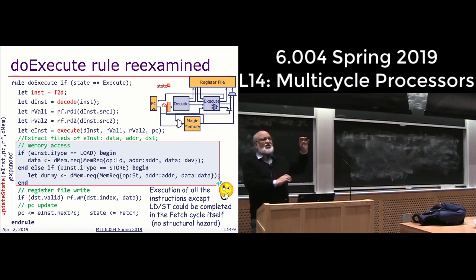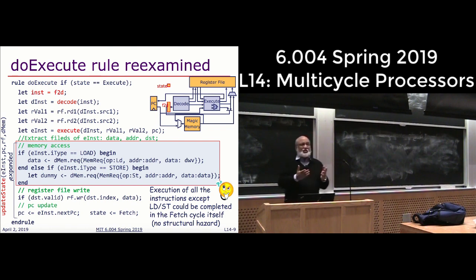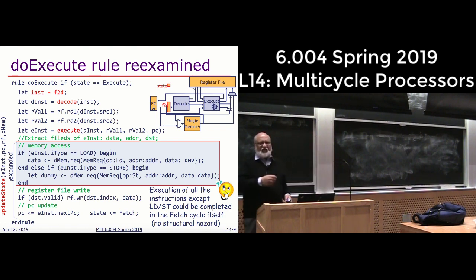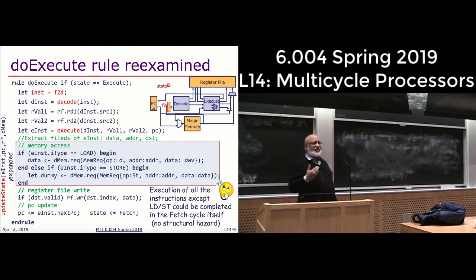We can execute all instructions in rule 1 itself. But if it's a load or store instruction, we say, wait, it's going to take some time, because I have to use the memory again, and this fetch rule uses the memory. So how do I organize that part? What I'm trying to do is improve on the design we had. In the design we had, every instruction took 2 cycles, but it stands to reason that at least all the non-memory access instructions we should be able to execute in 1 cycle as we used to. So let's see how we can do that.